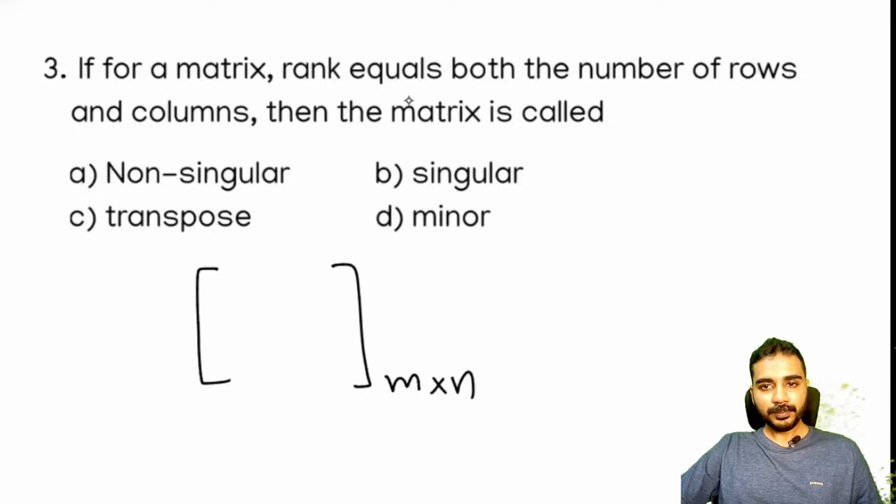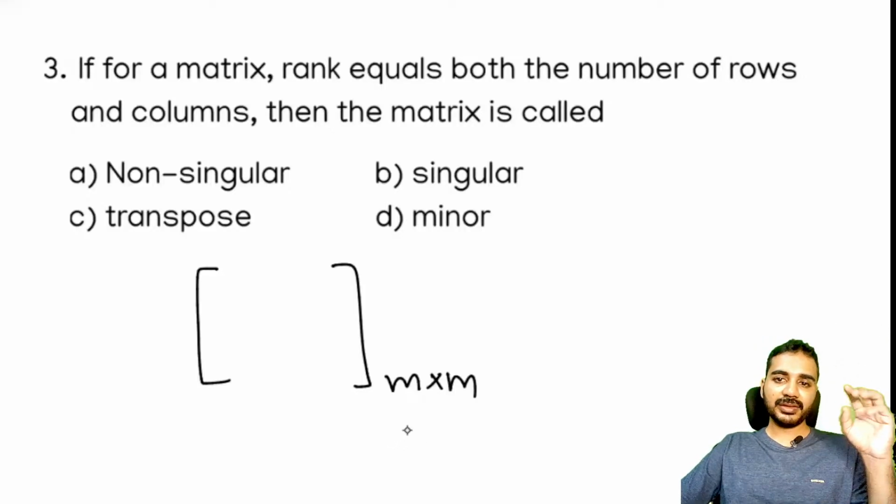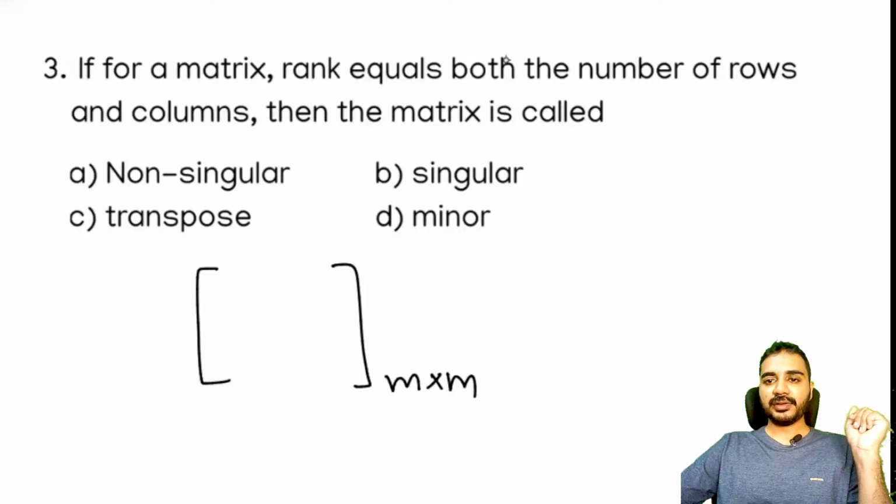Then what the question says, rank equals both number of rows and columns. If rank equals both number of rows and columns, we can take this as m by m. That's a square matrix, right?